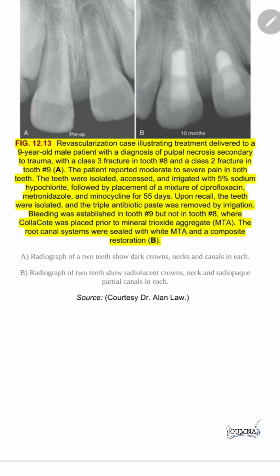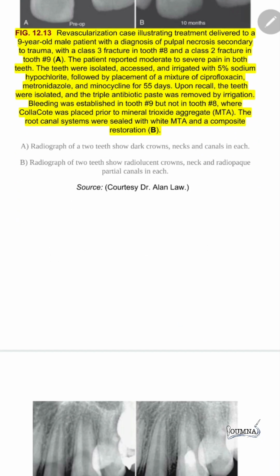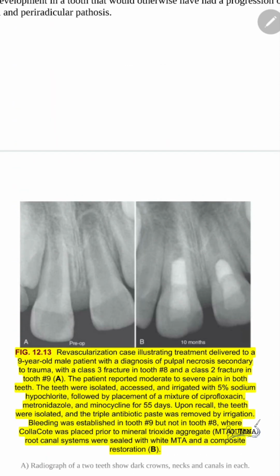It was placed over the blood clot before applying the MTA. Then a composite restoration was applied, and we see after 10 months, I believe, that this tooth had the bleeding, and we can see that the development of the apex was more than the other one.